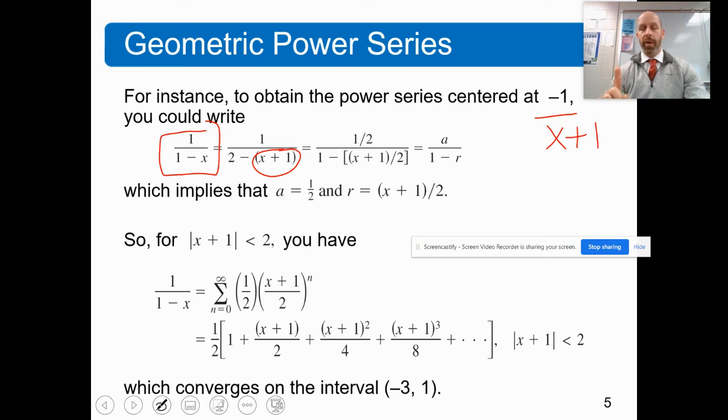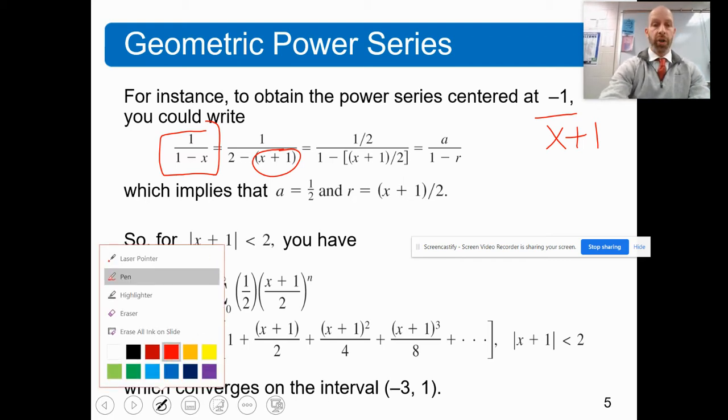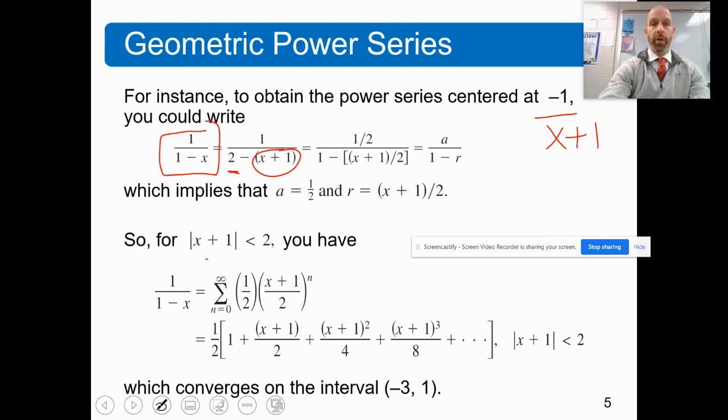One other important note here. If I put x plus 1 here, I have to account for that on the left-hand side. So this was 1 minus x. If I put x plus 1 there, I now have to change this 1 to a 2 because I'm subtracting that 1. Let me say that again.